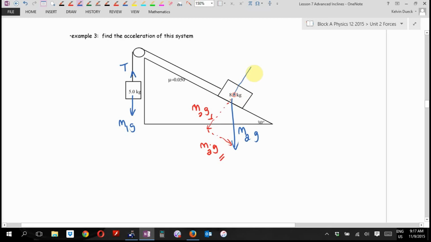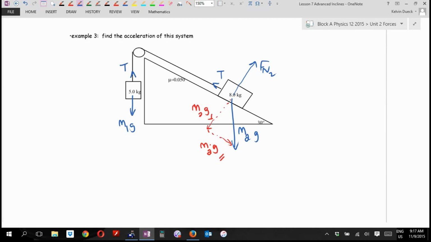Hey, there's a normal force. I'll call it normal force number 2 to go with mass number 2. Tension. Let's pretend that the 8 kilogram mass, because it's bigger, is the winner. That might be a reasonable assumption, but it really does depend on the angle. But let's suppose you said that.